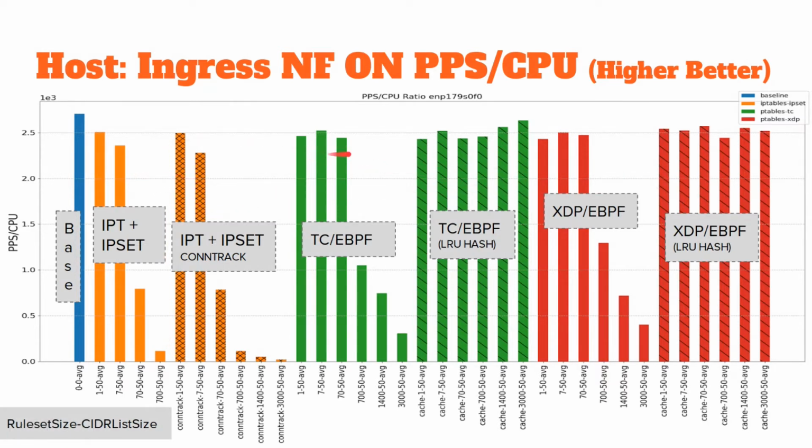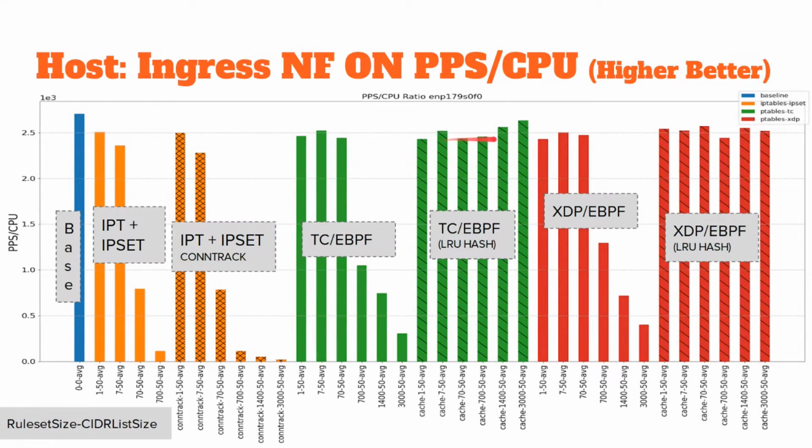XDP and TC again do better than iptables and ipset. The conntrack caching was a bit surprising to us. The conntrack did not improve the performance for Ingress host side, whereas it did in the case of forwarding. Caching did improve things, as you can see, for both.